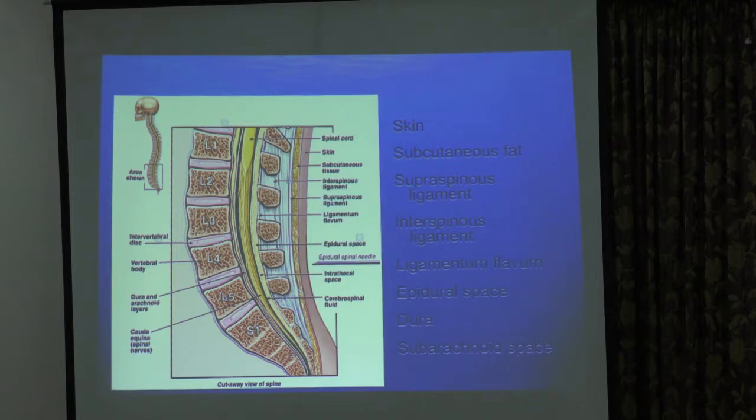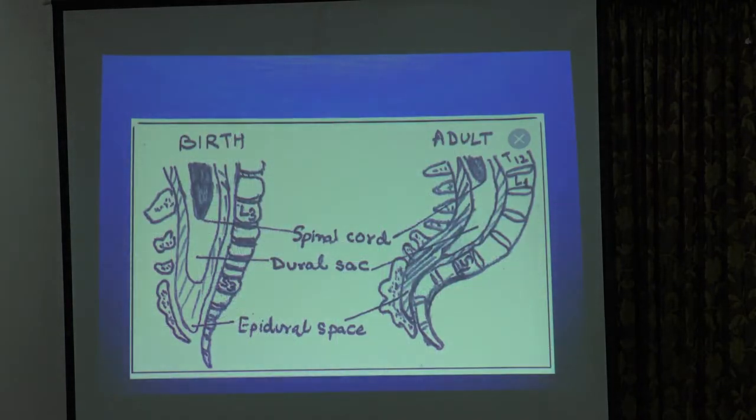Please, the local anesthetic of choice for spinal is heavy bupivacaine. And this is very important. Don't use plain bupivacaine. Use heavy bupivacaine, because it is heavier than CSF. When you put it in CSF, it settles.